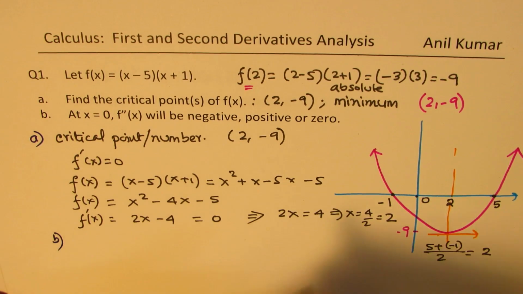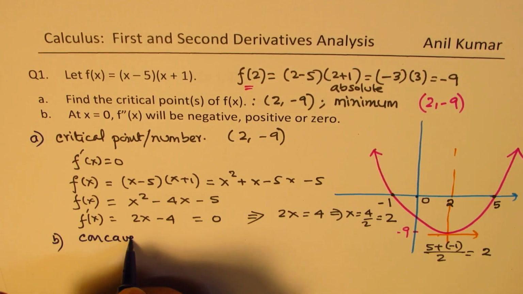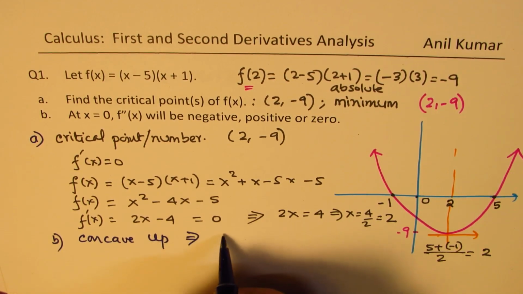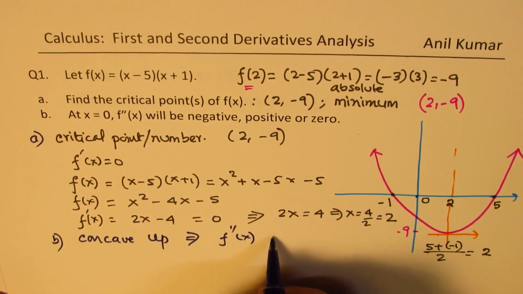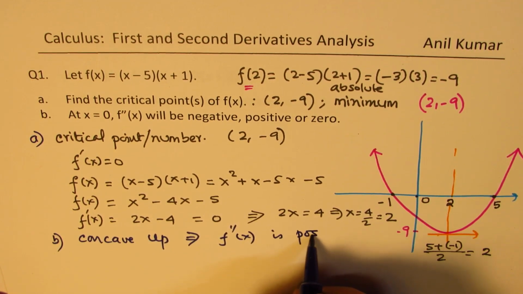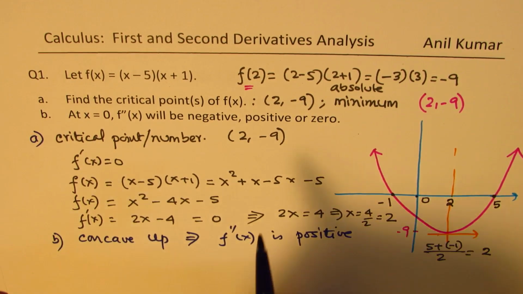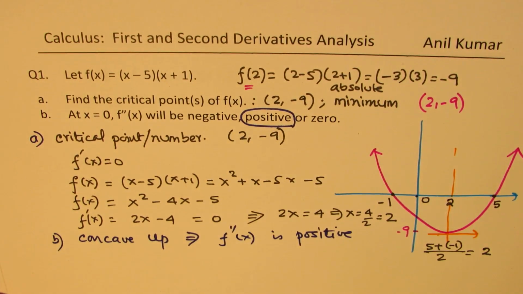So for part B, we know the graph is concave up. Since it is concave up, the second derivative should always be positive. So at 0 also, it is going to be positive. So in this case, the correct answer is that the second derivative will be positive.